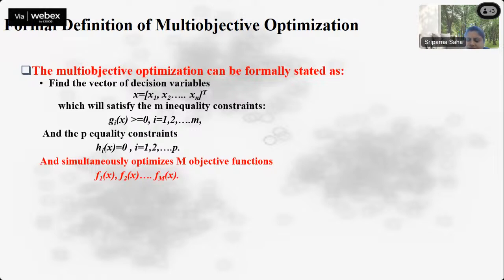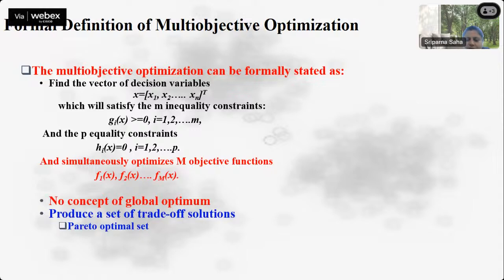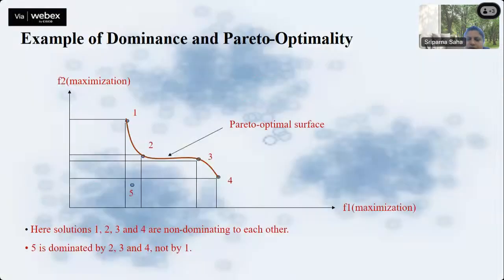There is no concept of global optima, so it is not possible to get a single solution which will simultaneously optimize all the objective functions. Rather we get a set of non-dominated solutions, called the Pareto optimal set. Then we have to select a solution from the Pareto optimal set.